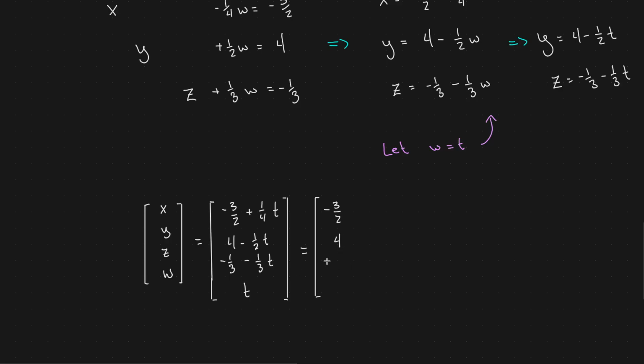The term without a T in the Z component is -1/3. And the constant term in the last component is 0. Plus T times, and now we have all the coefficients of T. For X, the coefficient of T is 1/4. For Y, it's -1/2. For Z, it's -1/3. And for W, it is 1.